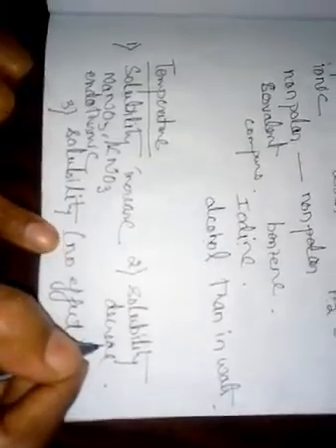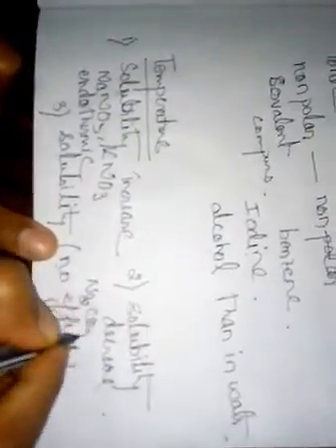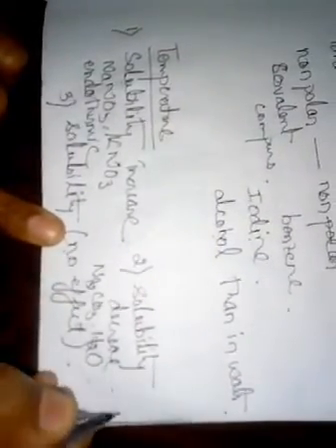That means when the process of dissolution is endothermic, solubility increases. When the process is exothermic, solubility decreases. We can take the example of sodium carbonate monohydrate. For this particular compound, solubility decreases with increase of temperature.